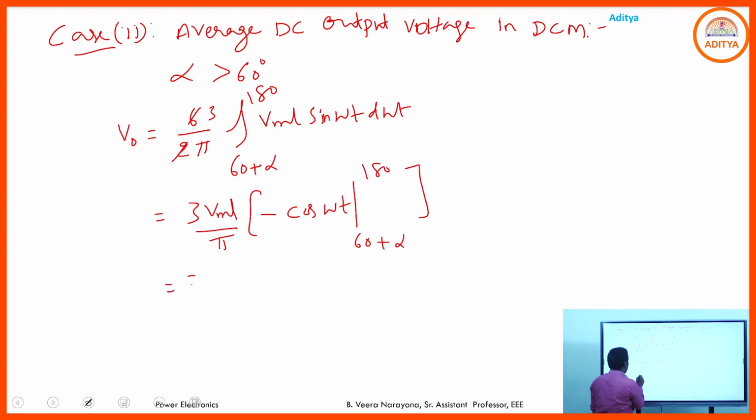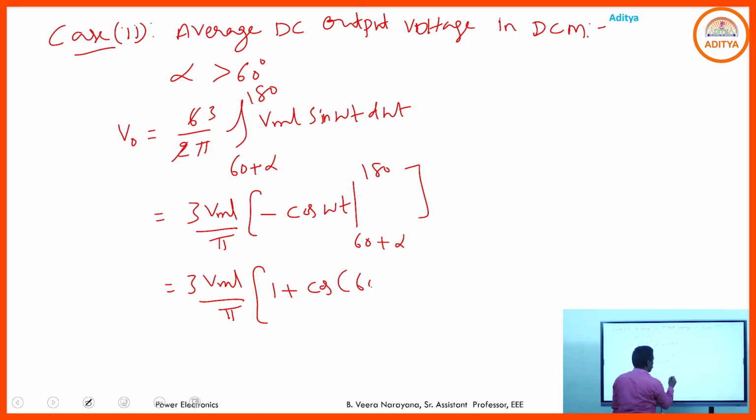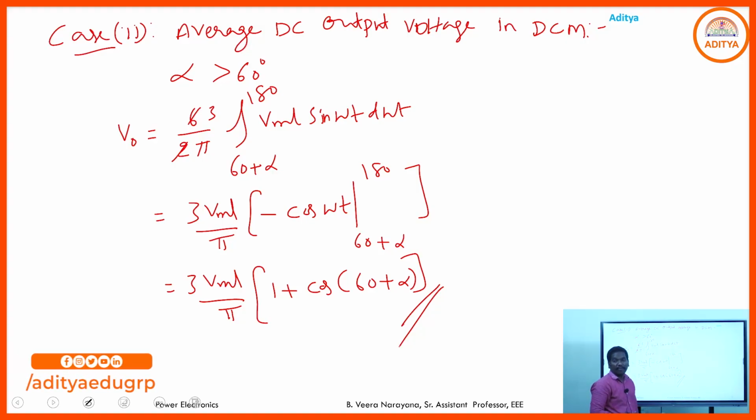So what you are getting here is 3 VML by pi times minus cos 180, which is 1, plus cos 60 plus alpha. This is the average DC output voltage of the 3-phase fully controlled converter with R load in discontinuous conduction mode. Right. Next one.